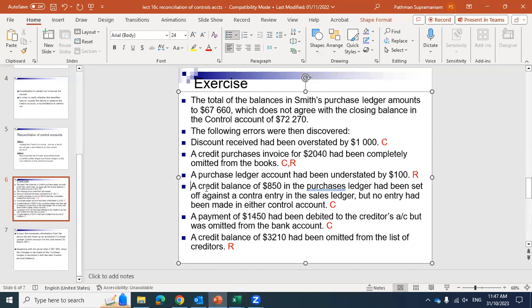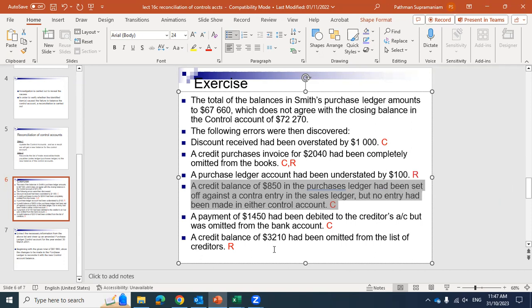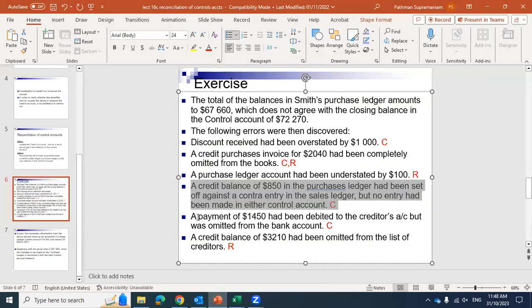Okay, the next C item is here. This is about contra, and as I've mentioned earlier, contra is always a deduction. Since we are working with a purchase ledger control account, which is a trade payable control account, which is like a liability account, to deduct, we have to record on the debit side. So therefore, I will record the contra on the debit side. Okay. Next, a payment of 1,450 had been debited to the creditor's account.